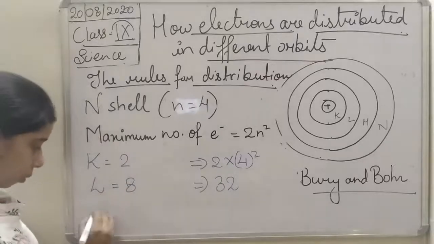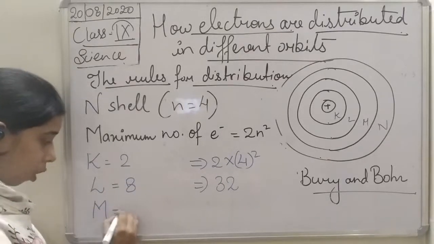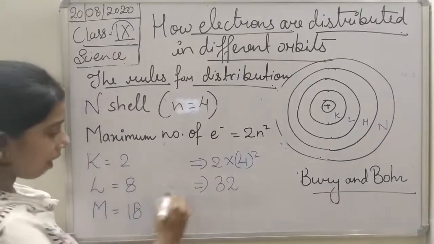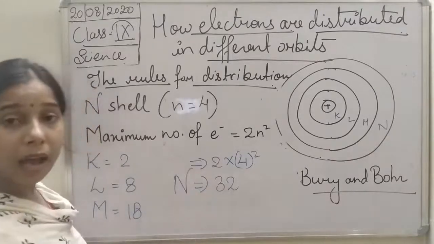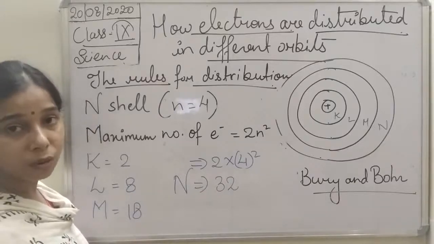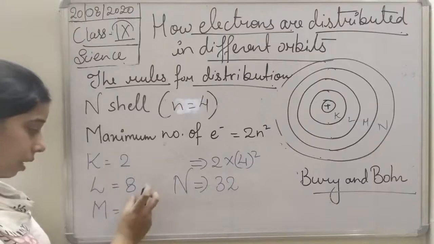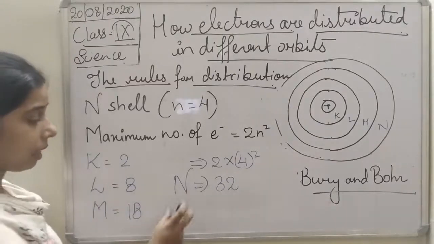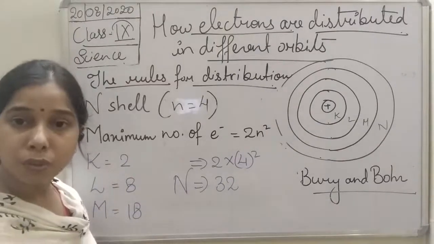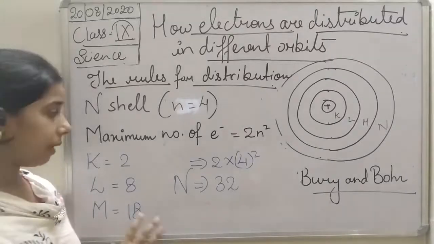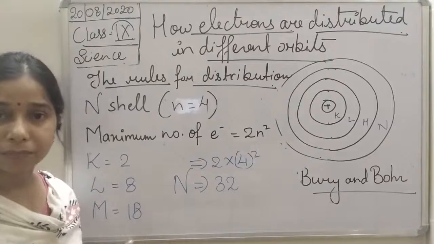When we talk about M, M can accommodate the maximum number, that is 18, and finally the N shell will have the maximum number of electrons, that is 32. So K shell 2, L shell 8, M shell 18, N shell 32. So this many electrons can be accommodated by the different shells.